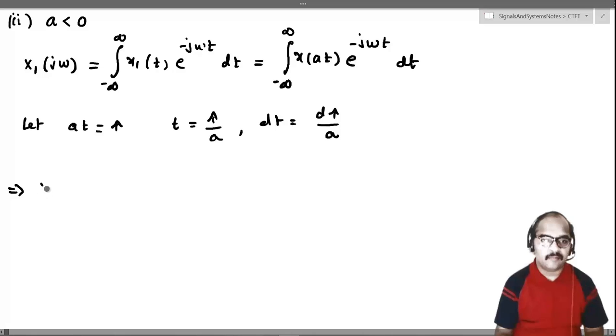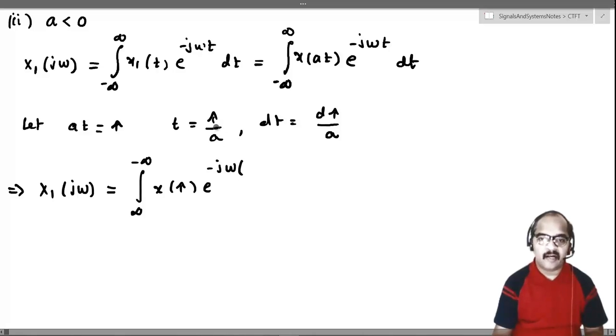So this implies x1 of j omega would be equal to integral infinity to minus infinity x of tau e power minus j omega, where t is replaced with tau by a and dt is replaced with d tau by a. We will rewrite this as usual.